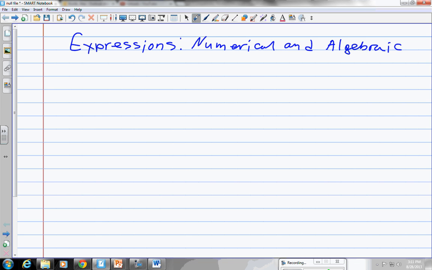Of course, a numerical expression, if I just write stuff with numbers, is first of all supposed to have meaning behind it. If I write something like 1/2 divided by 3, that's good. That's a numerical expression. It makes sense. You understand what you're being asked to do. But if I write something like 5 plus, and then I stop, that makes no sense. So the second one is not necessarily a numerical expression.